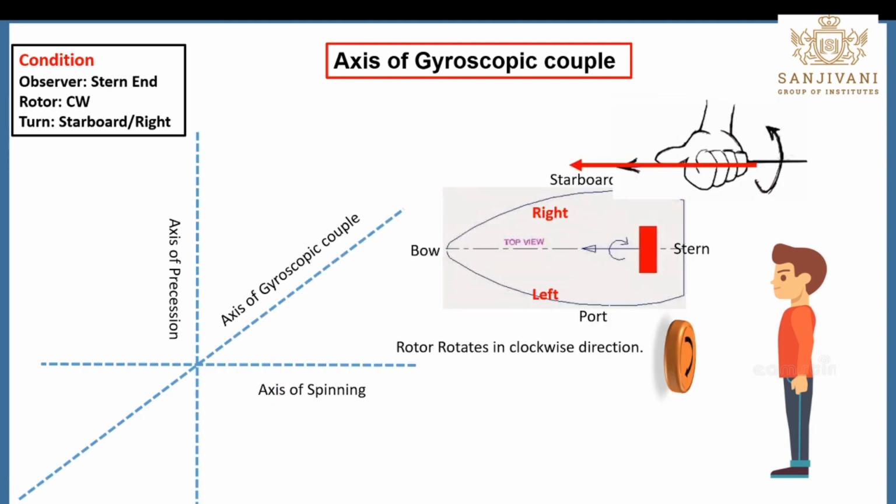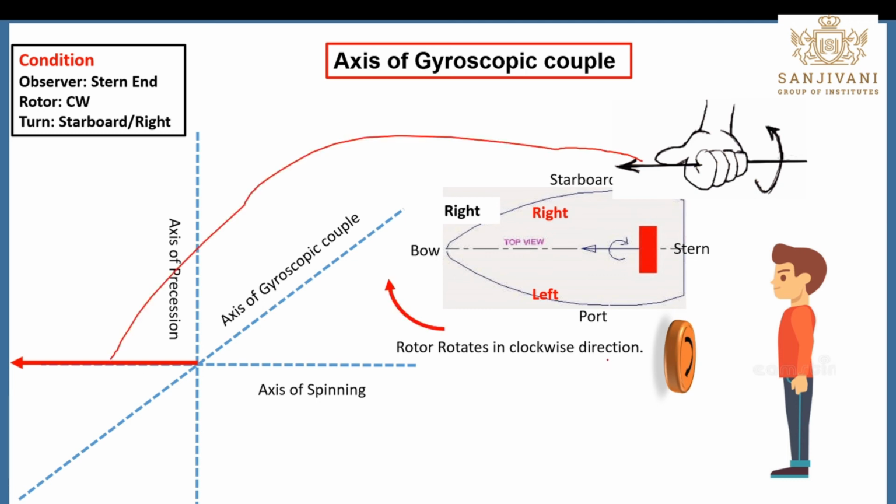Now we will consider the next condition in which the observer is looking from the stern end, and the rotor rotates in the clockwise direction. That means the vector is moving towards this direction. Now the ship is taking the turn towards the starboard side, which is the right side, that means this direction is the clockwise.